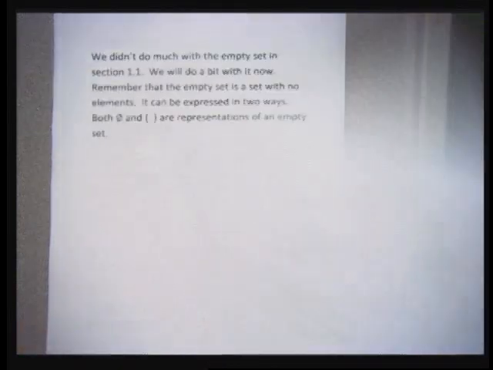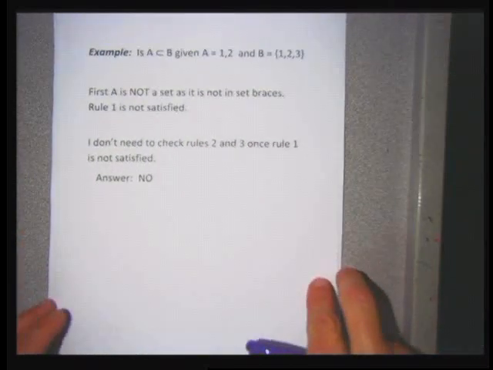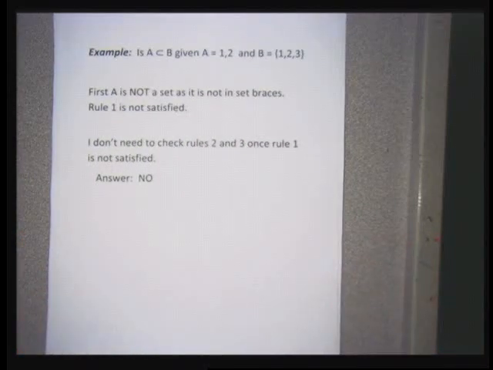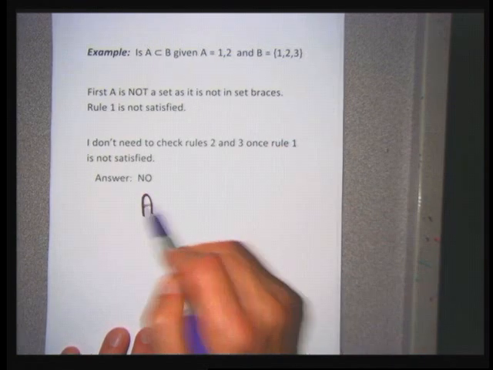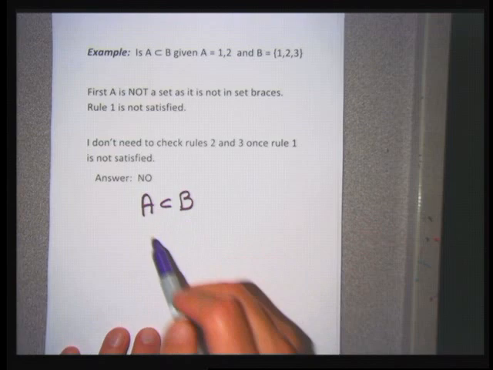Got to be getting close to the end of the examples. And last example, at least for proper subsets, is A a proper subset of B, where A is 1, 2, and B is 1, 2, and 3? So for A to be a proper subset of B, I need 3 things.